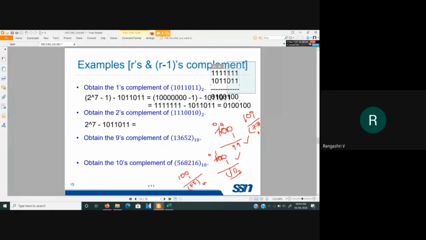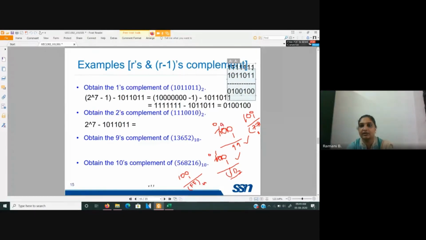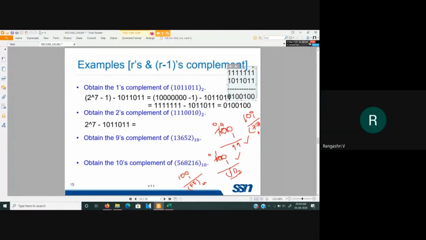Excuse me, ma'am, what will we get if it's 0 minus 1 in the most significant bit? Like in this case we have only 1 minus 1 or 1 minus 0. If we have 0 minus 1, then what will we do?